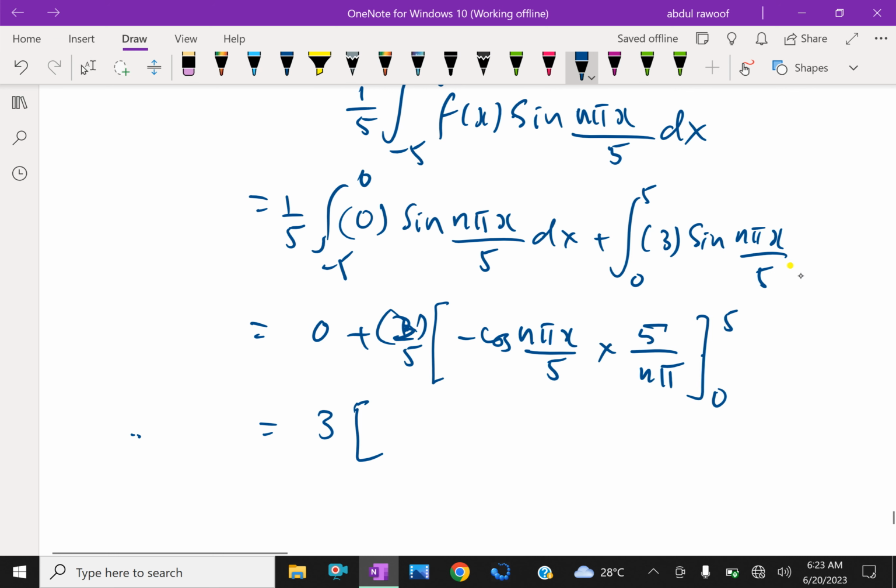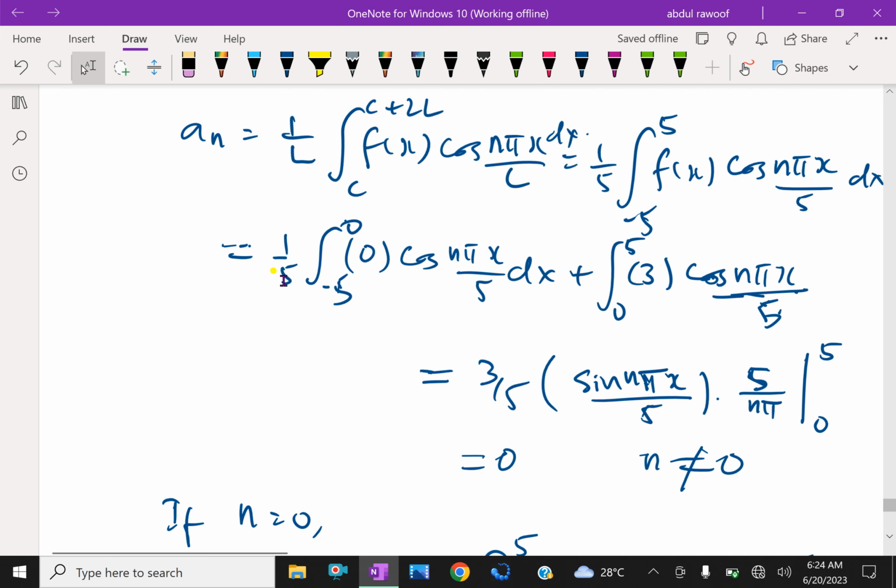Therefore we have 3 over 1 minus cos n pi over n pi.